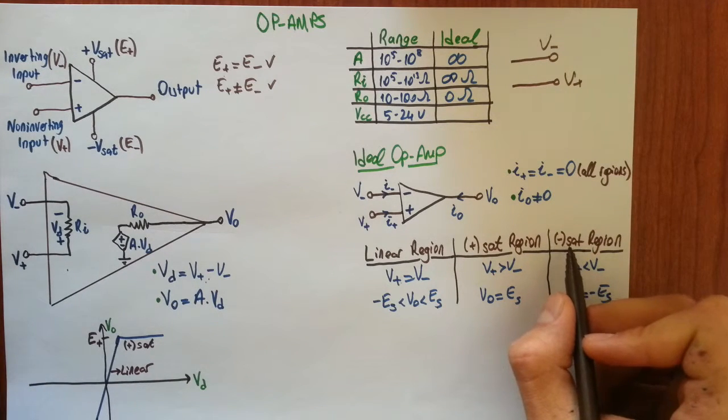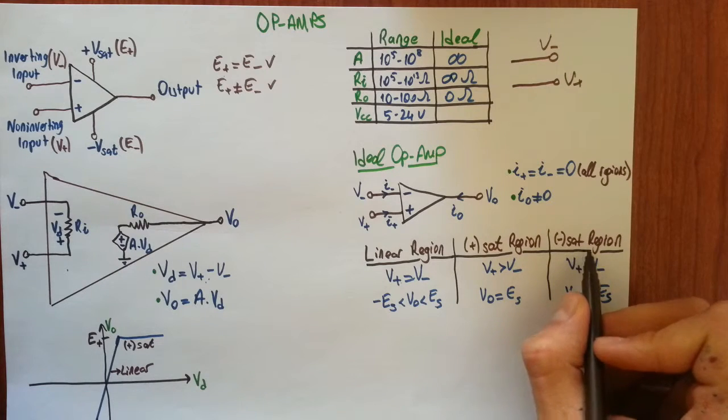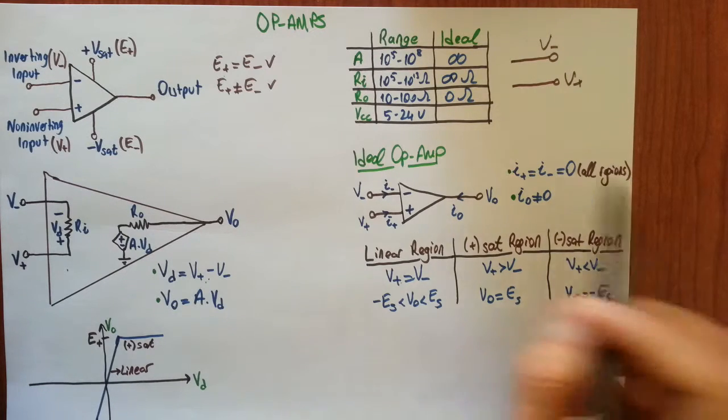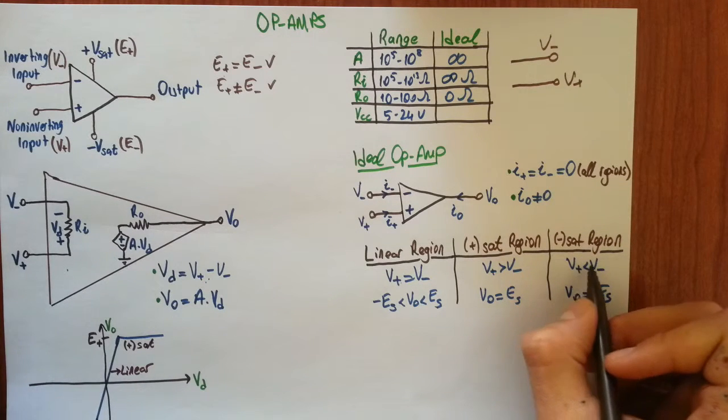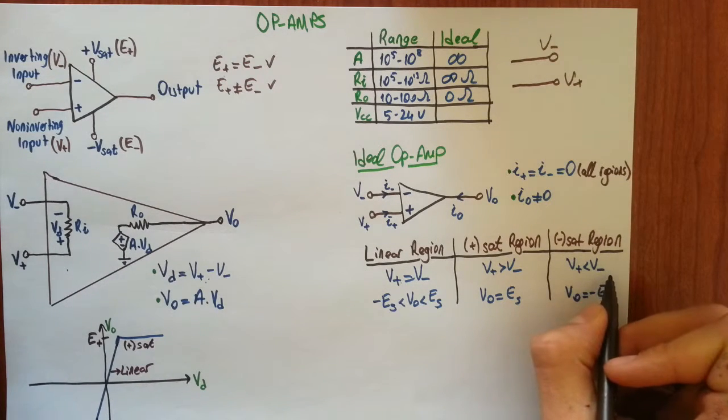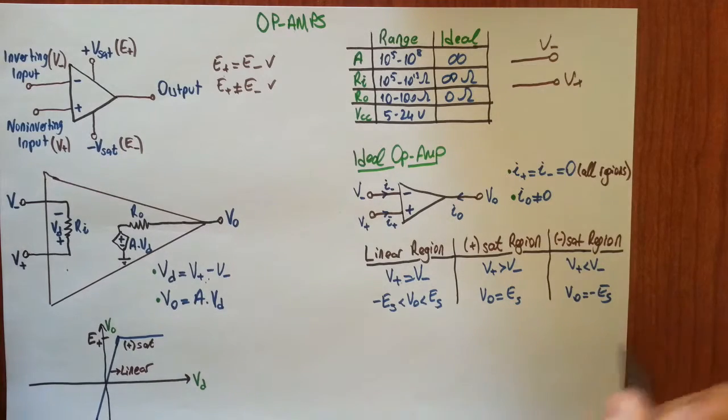When the op-amp is in minus saturation or negative saturation region, and if your op-amp is ideal, voltage of the non-inverting terminal is less than voltage of the inverting terminal, and output voltage is equal to minus saturation voltage.